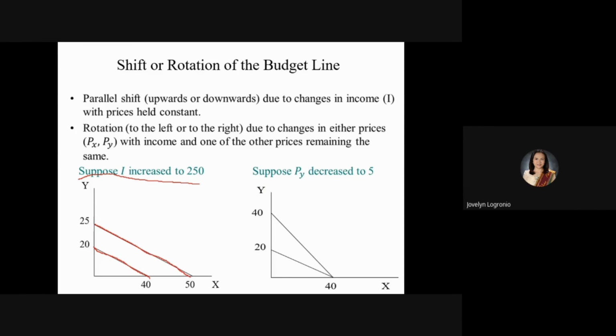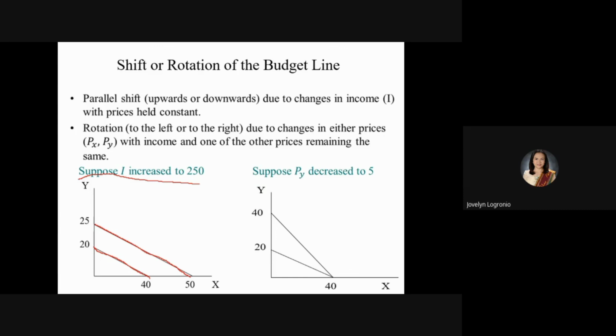Again, the budget line will shift only if income changes. The quantity of X and Y also increases, diba? So, paano nakuha si 50? 50X, so 250 over, same pa rin yung prices, yung nag-change lang si income.